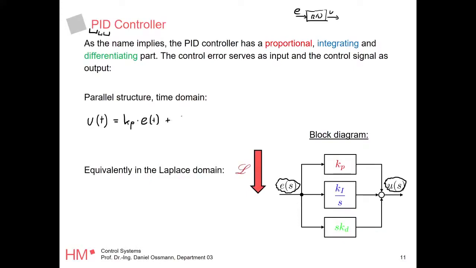We have an integral part, the integral over 0 to t of our control error, and we need to change the variable here, and we have an integral gain as well. And finally, we have a differentiating part, so we have some gain times d over dt of our control error. This is what a PID controller looks like in a parallel structure. Why it's named parallel structure, I'll come to that in a minute.